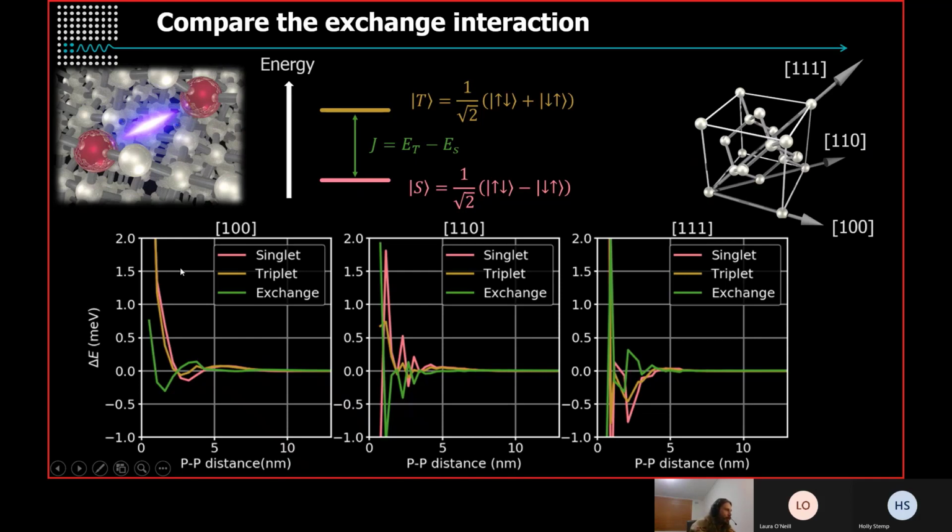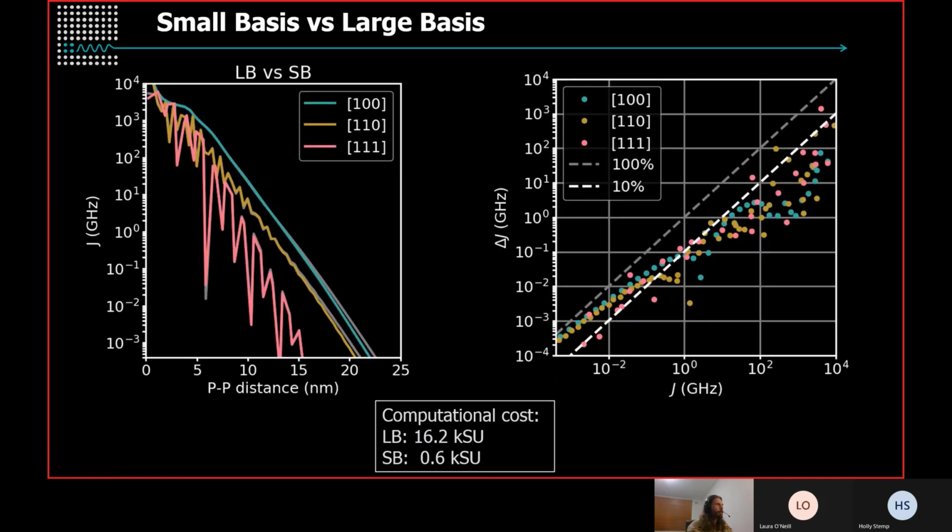And you can see that for short distances, the fine features of the basis really matter, and you get strong differences. But for the larger distances, above 10 nanometers that we are interested in, it really doesn't matter if you use the small or the large basis set. And we concluded that you can use the small basis sets for our computation, which are much cheaper.